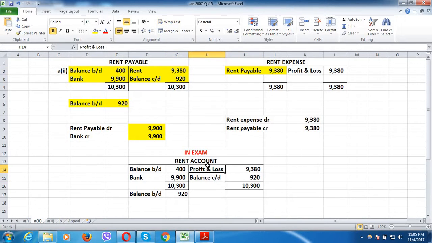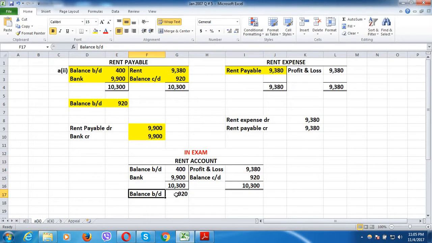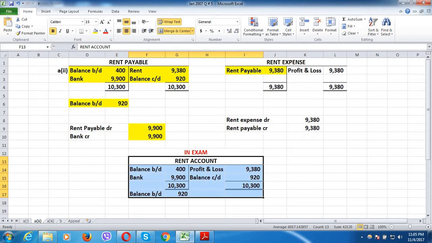Just instead of rent you will have to write profit and loss as I have shown here. So everything has been added here. The amount which will be transferred to the balance sheet and the amount which will be transferred to the profit and loss account, both have been included in this account. So if you answer this you will get the entire marks.